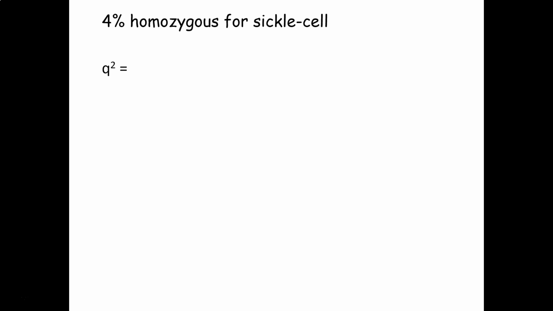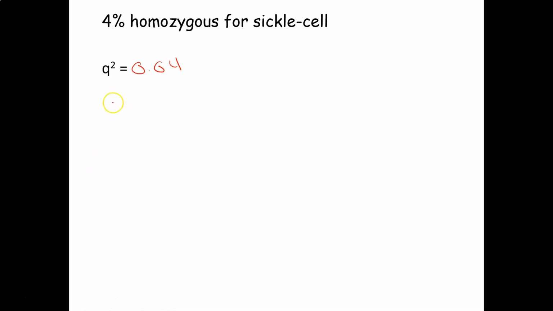Now remember, when we do this, we look at that frequency of 4%. Hardy-Weinberg prefers to use decimals, so we're going to turn that 4% into a decimal, and so I end up looking at 0.04 as that frequency.